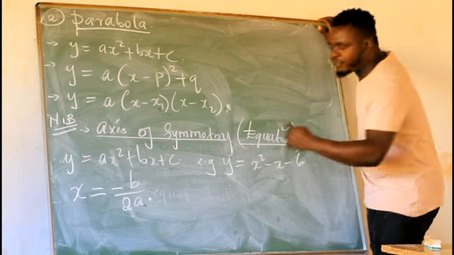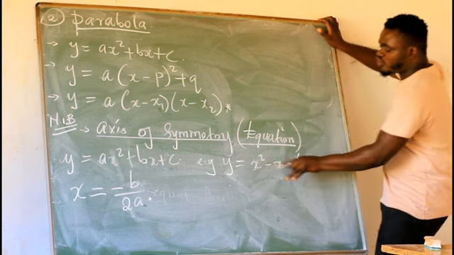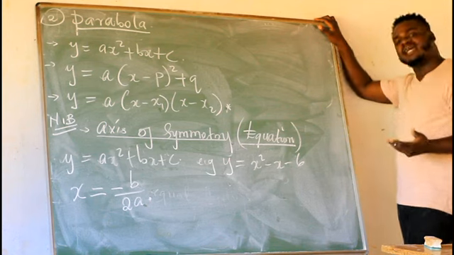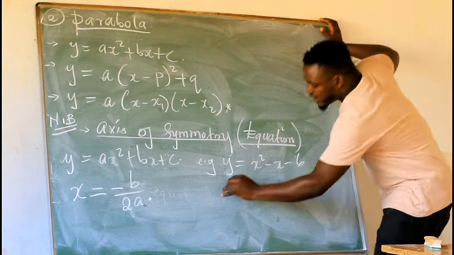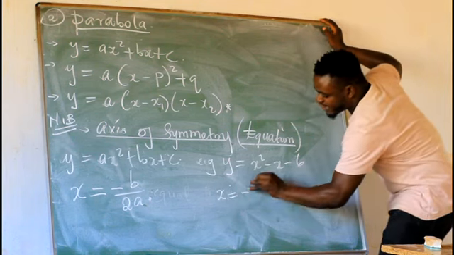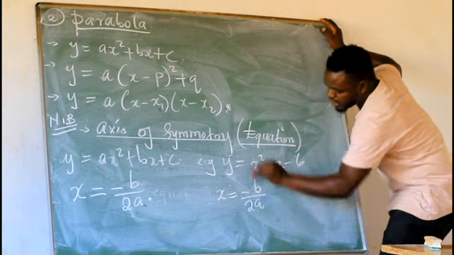Let's take for example, you are given y equals x squared minus x minus 6. Then you have x equals minus b over 2a.